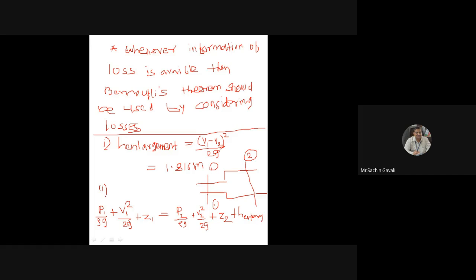Did you understand this up to here? Please tell me yes and write this down. Understood? If there is a doubt, ask the doubt.